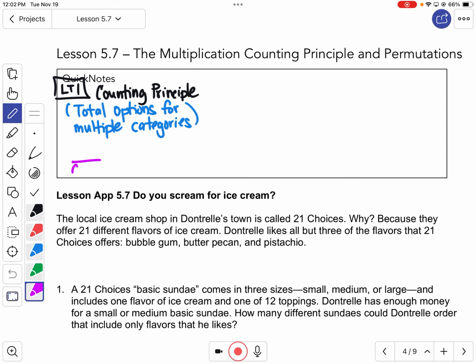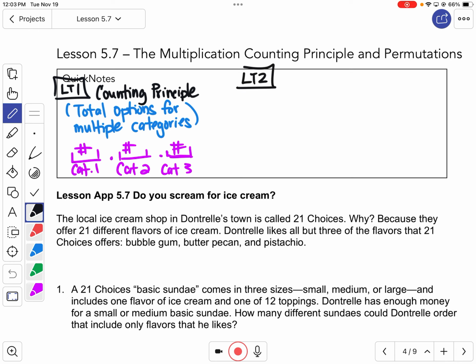We just take category 1 times category 2 times however many we have, and there should be numbers in there, and we just multiply them. That's the counting principle.